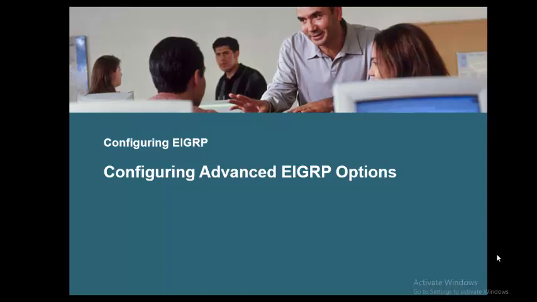From now, we are going to start the advanced section of EIGRP. We learned how to enable EIGRP, the bandwidth command, the delay command, which are all optional. We learned how to enable EIGRP by putting router EIGRP autonomous system number.